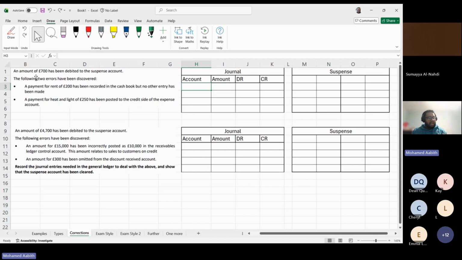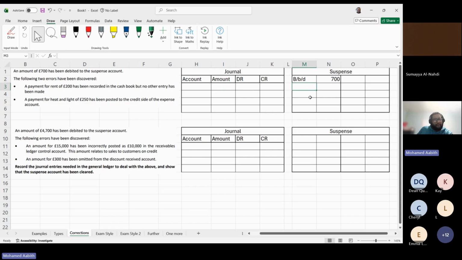They're saying £700 has been debited to the suspense account. So let's say the balance goes down £700. We started the suspense account with £700 because there's an imbalance somewhere. They're saying the 2 following errors have been discovered. One of them says a payment for rent of £200 has been recorded in the cash book, but no other entries have been made.